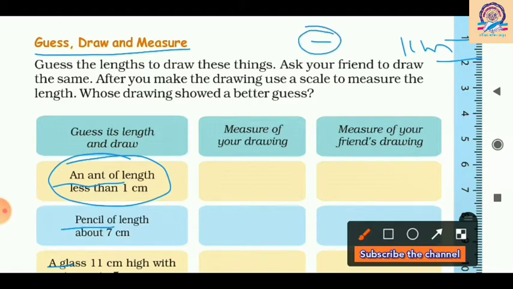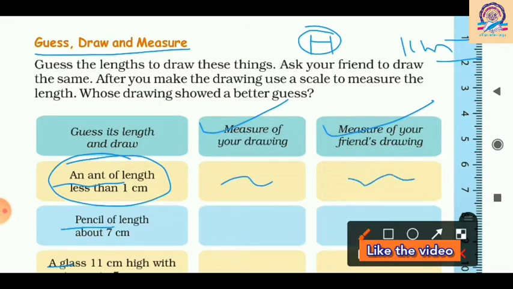In this length you have to make an ant, and similarly your friend will do this, and after that you will check whose measure is correct. Here is an option: the measure of your drawing in centimeters, and the measure of your friend's drawing. This activity is completely a gaming activity, so you can play with your friend, and after drawing the objects you will write their lengths.